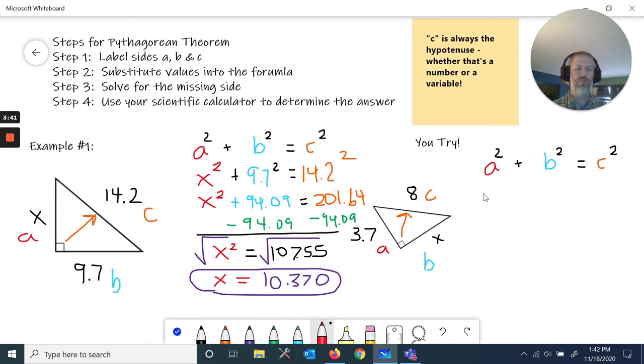So we get 3.7 squared, that's my A, plus B squared, which is my X this time. So plus X squared, and that's going to equal my C squared, and my C is 8. So that's going to be 8 squared.